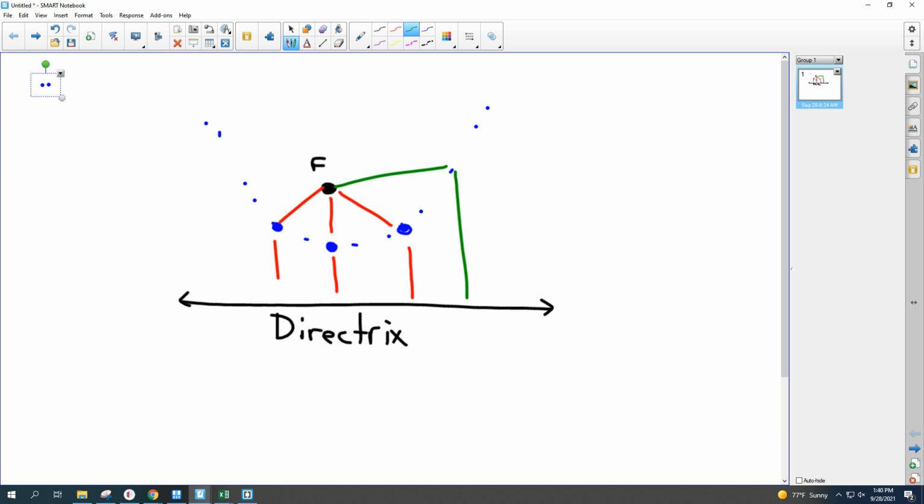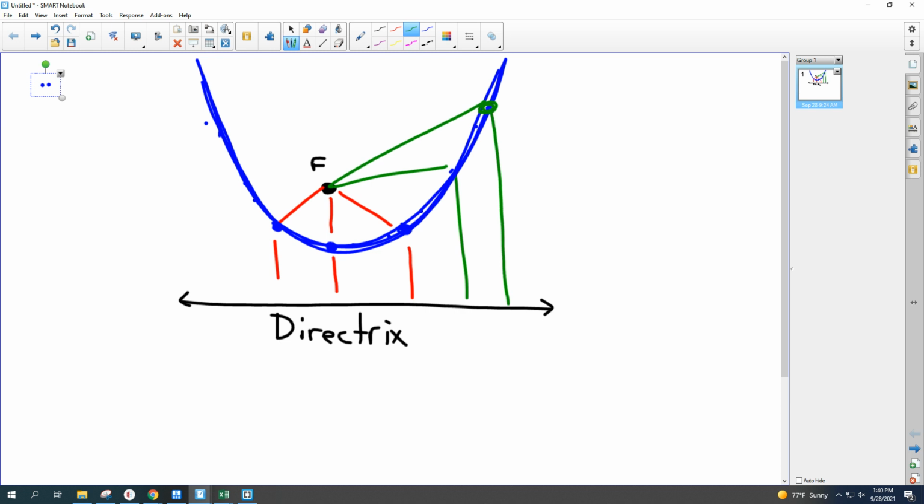My drawing skills aren't the greatest, but after you make all these points, you end up with this nice parabola. No matter where you're at, the distance from some point to the focus and to the directrix is going to be the same. That's how it's formed. We don't really need to know about that, but that's what a focus and directrix do.